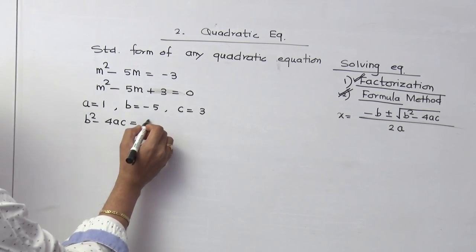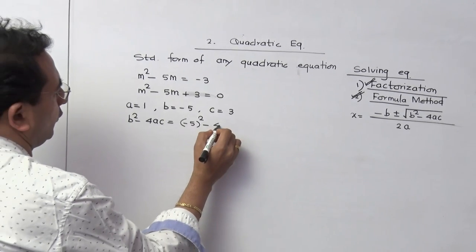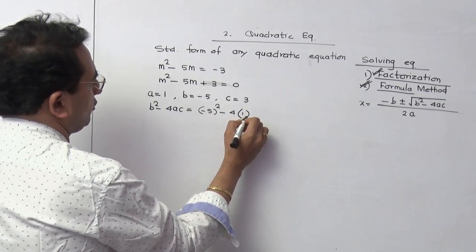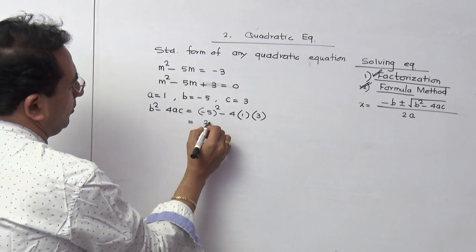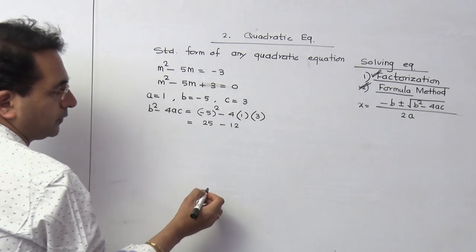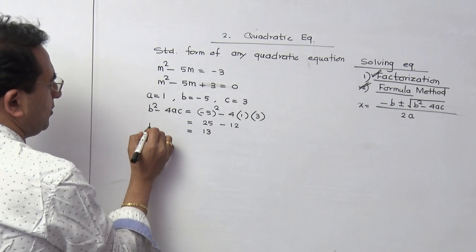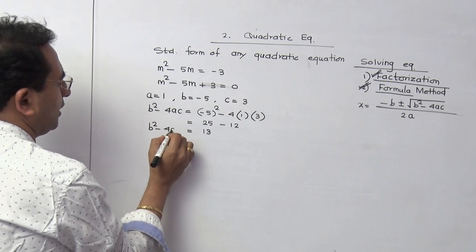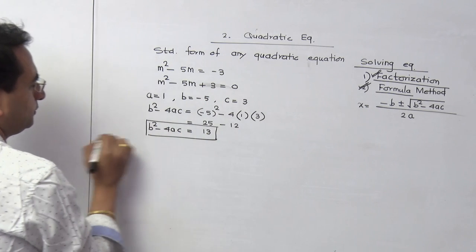Now what is that? B square means minus 5 bracket square minus 4 into a, that is 1, into c, that is 3. So this value will be 25. This is going to be 12. So your answer for b square minus 4ac is coming as 13. Now this value we are keeping ready for our calculation.